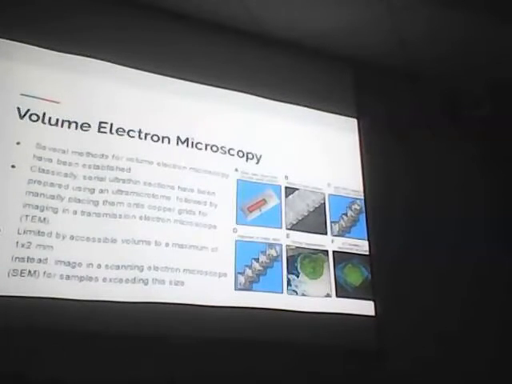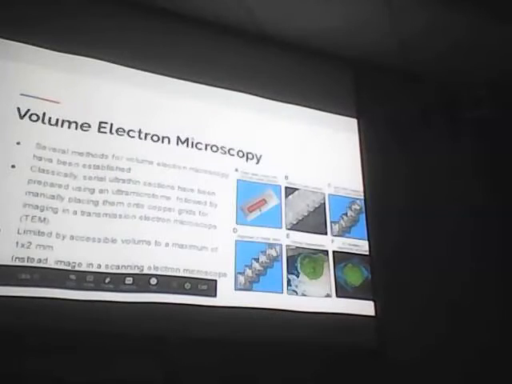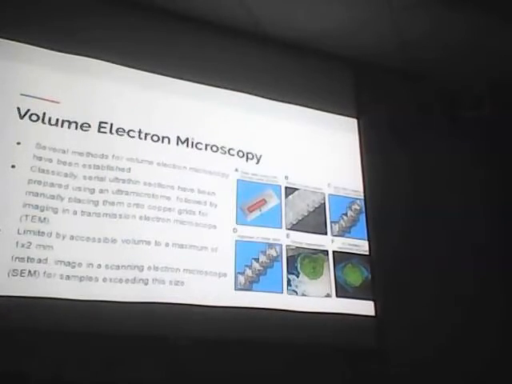Classically, serial ultra-thin sections have been prepared using an ultramicrotome, followed by manually placing them onto copper grids for imaging in transmission TEM, limited by the accessible volume to a maximum of 1 by 2 millimeters.